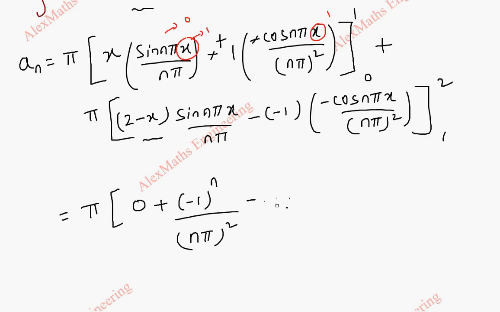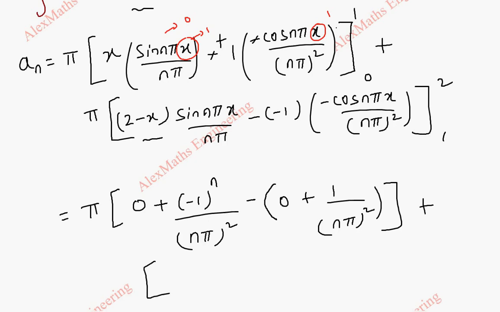Let's write it neatly. Open a separate bracket for the lower limit. First term is 0, then cos 0 will become 1, so 1 by (n pi) whole square. Similarly, when I put 2 in place of this, this becomes 0, and when I put 2 here, cos 2n pi will become 1.